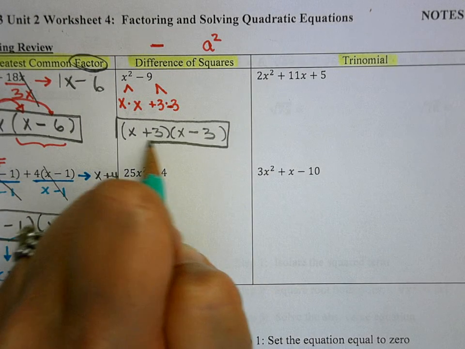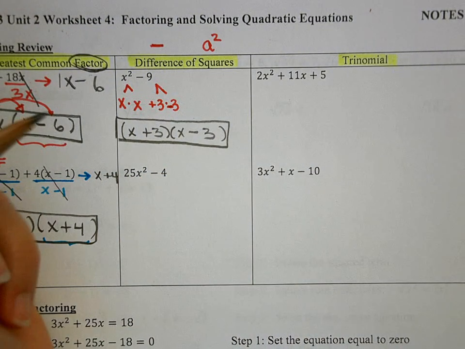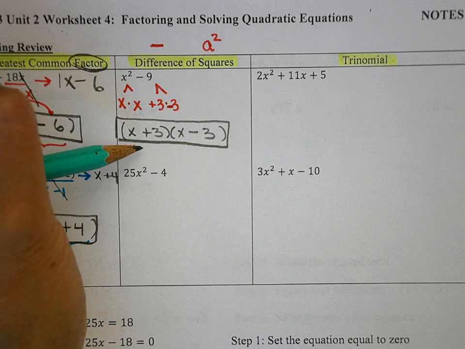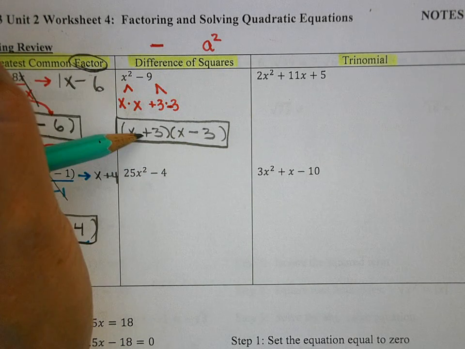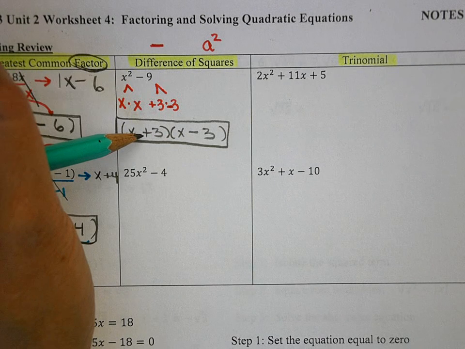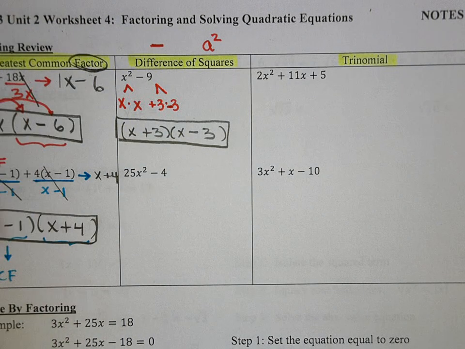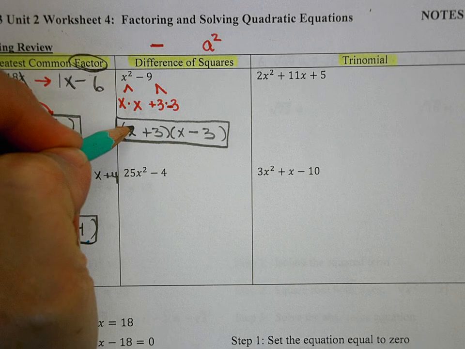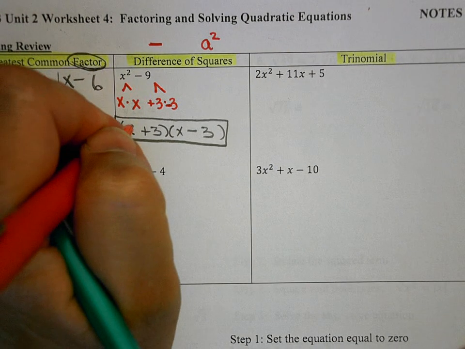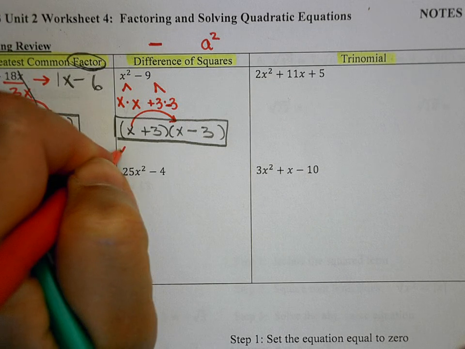And again, I could check it through distributing. So these are called conjugates. I don't know if you learned that word last year, but these are conjugates, meaning you have the same terms, but one is addition and one is subtraction. Okay, so if I check through distributing, I would multiply x by itself, so that would give me x squared.